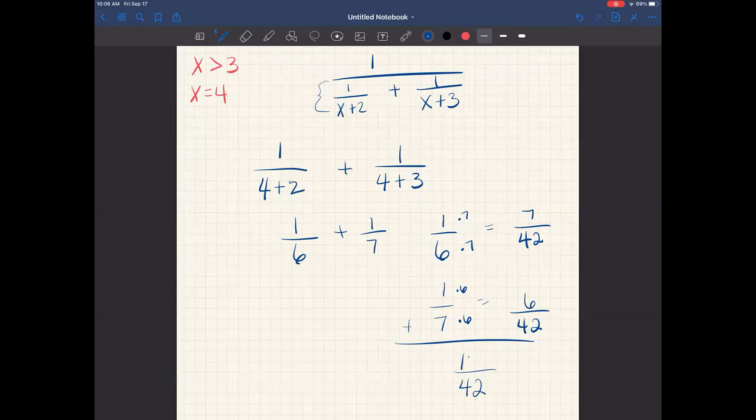Can I simplify this? With 13 on the top, you can't really do much with it. So we have finished with that part. They have been added together. I now only have one fraction, okay?